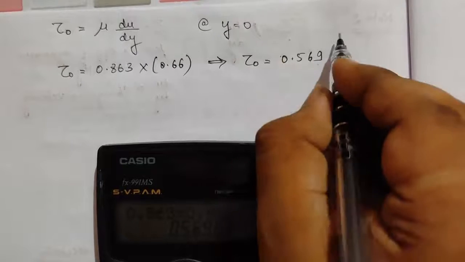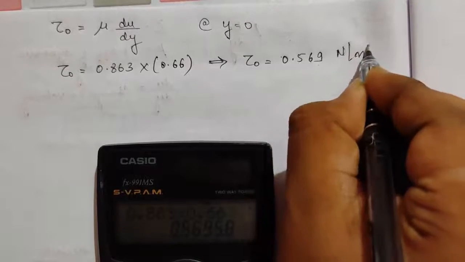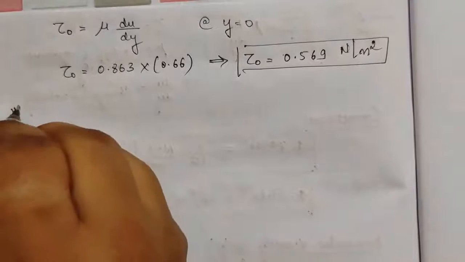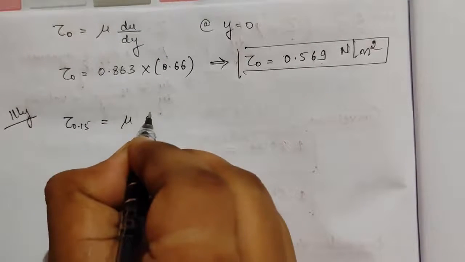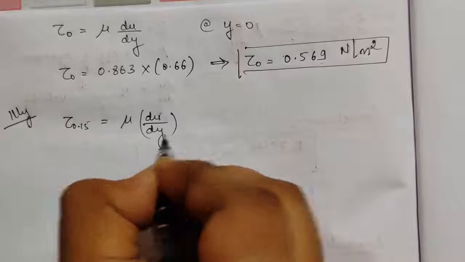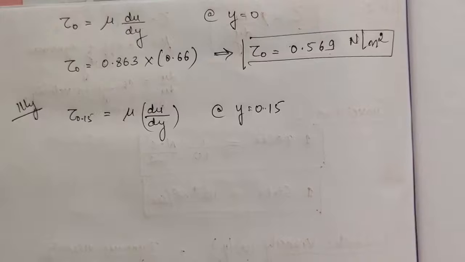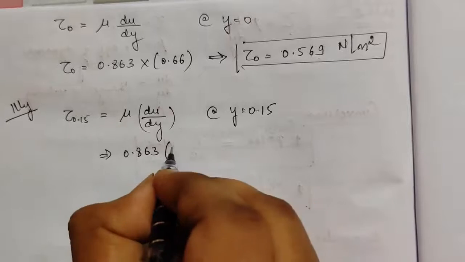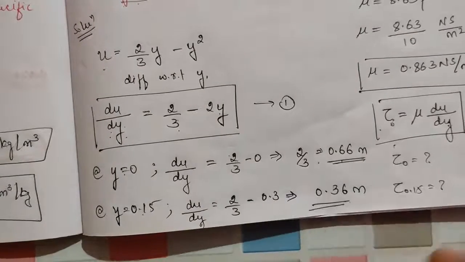So it is 0.569. What is the unit of shear stress? Newton per meter square. Similarly, we have to find the shear stress at y is equal to 0.15. Mu is 0.863 and du by dy is 0.36. See here, 0.66 and 0.36.